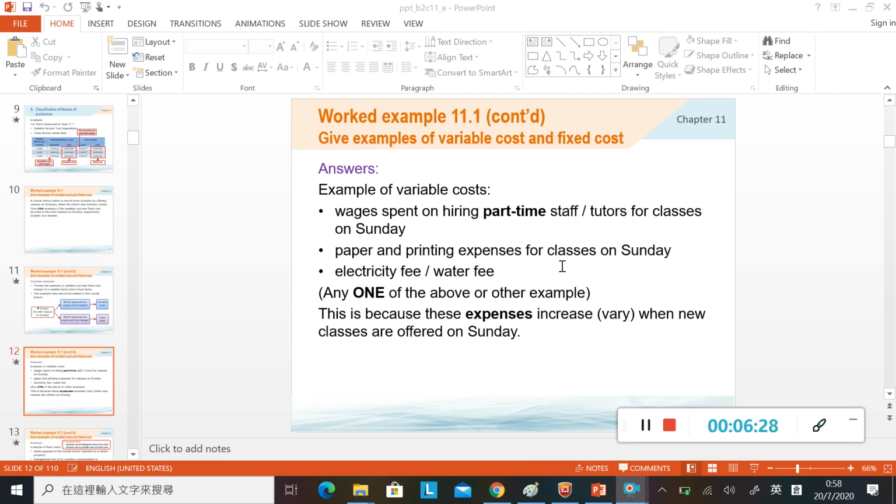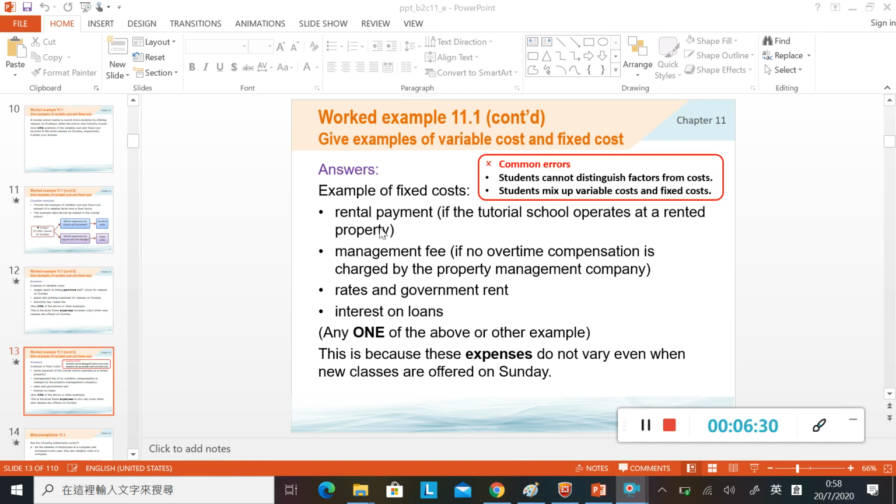Okay. For fixed costs, okay, rental payment would be the fixed cost, okay, because the tutorial school would not rent more place for the extra class on Sunday.